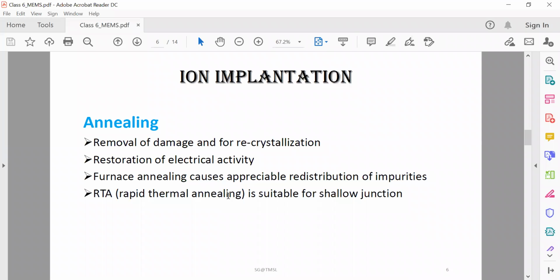In case of furnace annealing, it causes again redistribution of impurities, but in case of RTA, it means high temperature, very small time, maybe 1 minute, maybe 45 seconds, you can use for annealing at high temperature, say 800 or 900 or 1000 degree centigrade, so that it heals the damage, and again it will recrystallize, and that is preferred in ion implantation, followed by rapid thermal annealing.